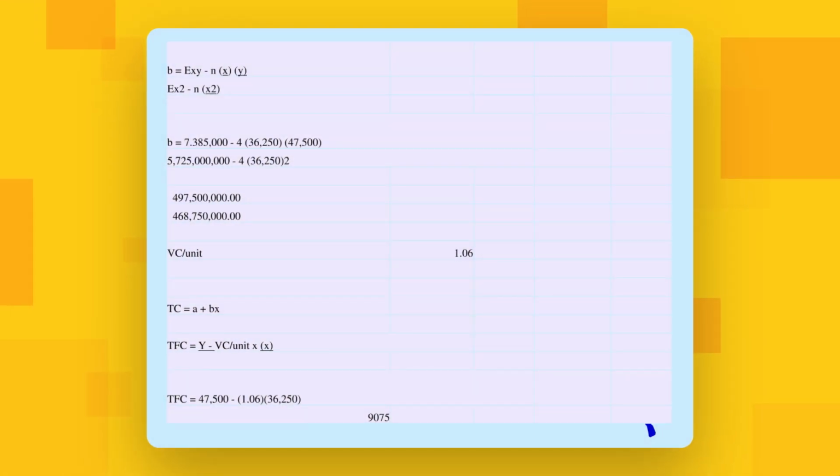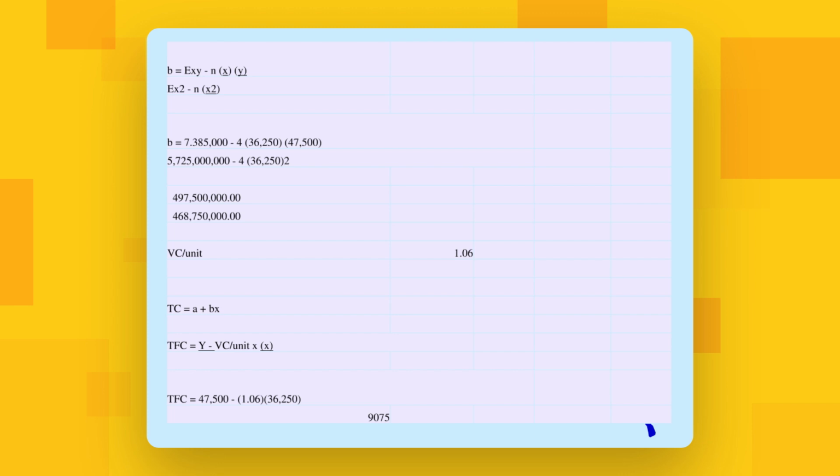We go now to this formula. So what is the formula? The formula here is the summation of EXY minus N multiplied by the average of X multiplied by Y average, divided by summation of EX squared minus N multiplied by X average squared.